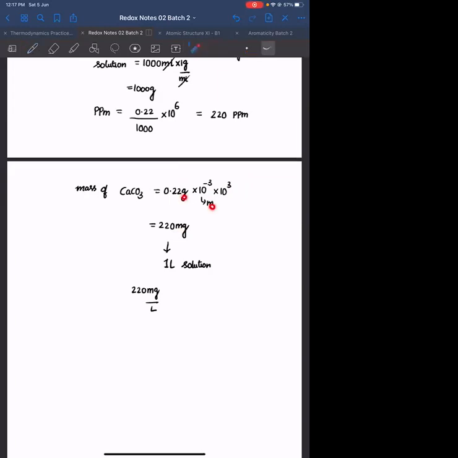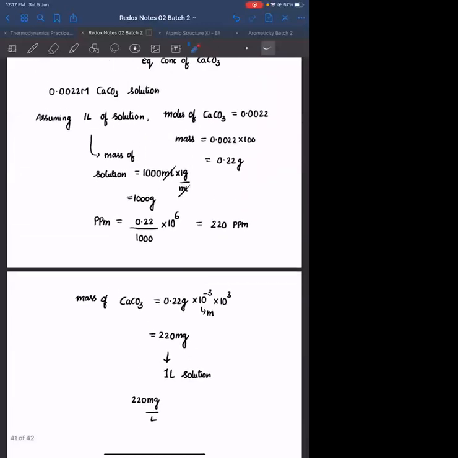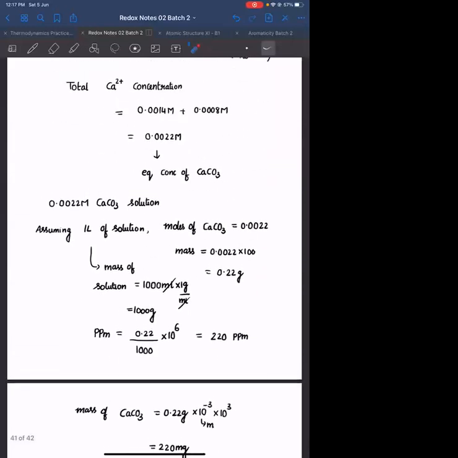This milligram, mg, 10 power 3 into 0.22, it is 220. Okay, understood? Is this clear? Yes.